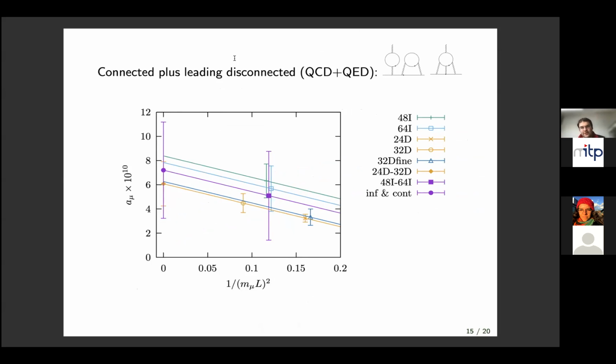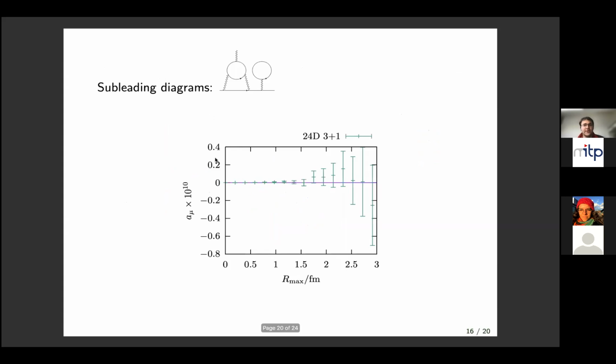So if you added the connected plus the disconnected and did the infinite volume extrapolation, you see this grow from the 5 point something that one had to the 7 point something here. The mean central value at heavier pion mass was at 10. So at this point, this is all consistent. And it's also clear what the RBC-UKQCD collaboration has to do. One needs to reduce the statistical error by a factor of 2 to 4 over the next years. And this is something that is ongoing right now.